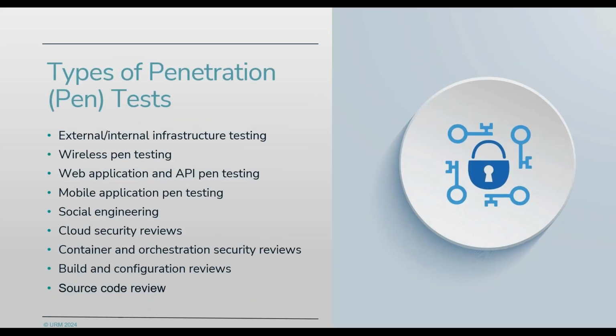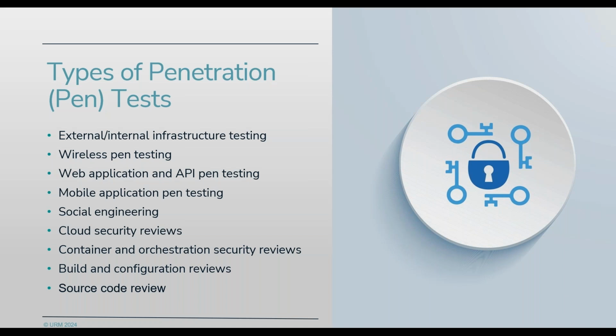Brilliant. Thanks, Jun. So first things first, just talk very briefly about the different types of pen tests that organizations can have completed. Yes, so typically when we talk about penetration testing, there's a wide variety of tests that we can perform and that companies typically look for, and these are summarized in this slide, which are the most common ones we see.